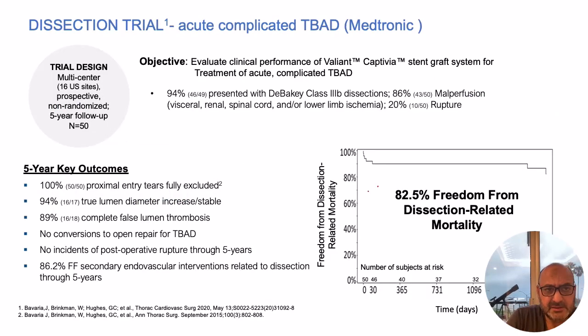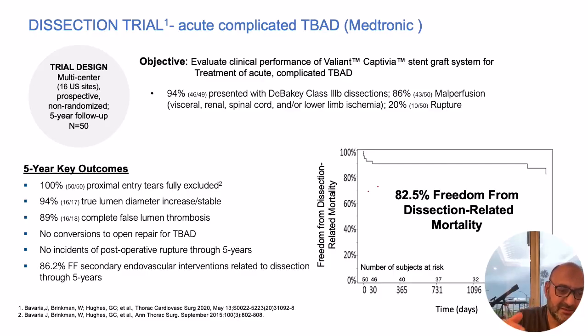Dissection trials such as the Medtronic trial, the Captivia, showed 100% coverage of the entry tear, 94% true lumen diameter either increased or stayed stable, and 89% had complete false lumen thrombosis. And we're talking about the chest here. We're not talking about the abdomen.